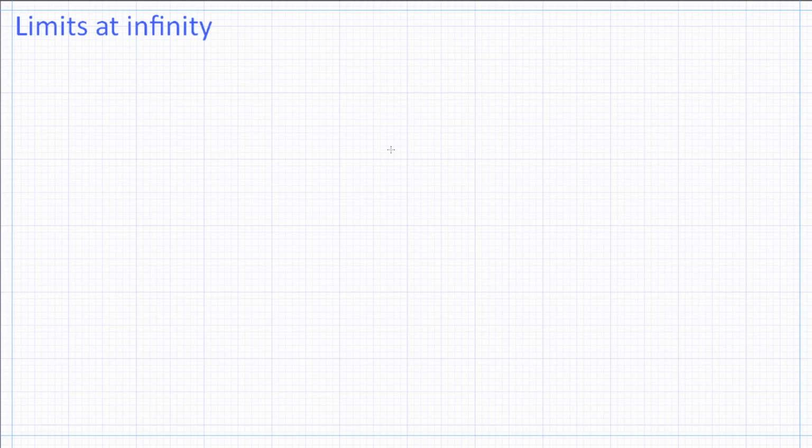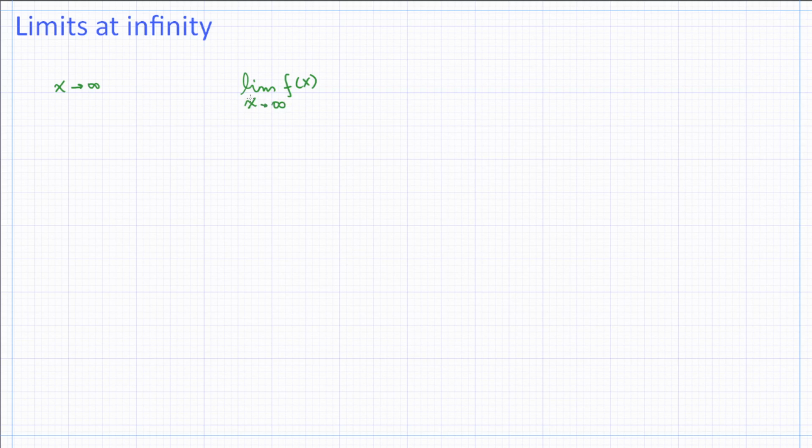So a quite useful application of limits is trying to observe how functions behave when we go towards infinity. So we can just write x tends towards infinity at our limit. So we could have a function f of x, and I want to observe how it behaves when I go towards positive infinity.